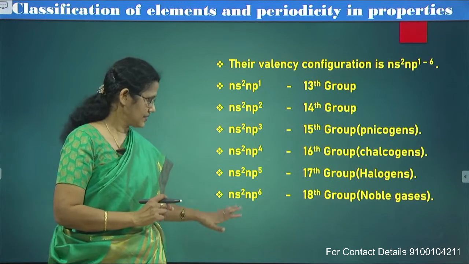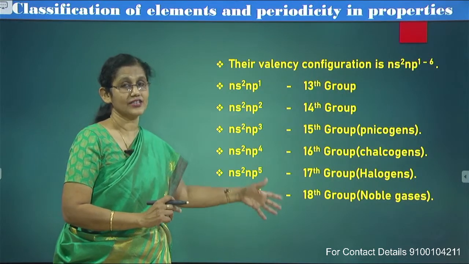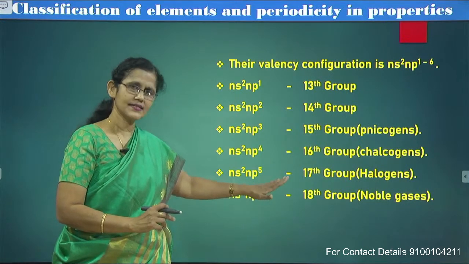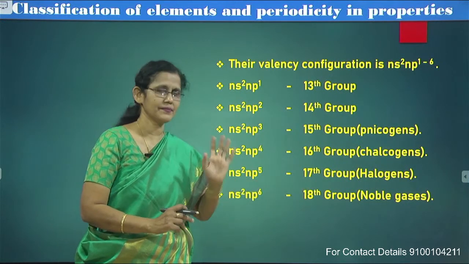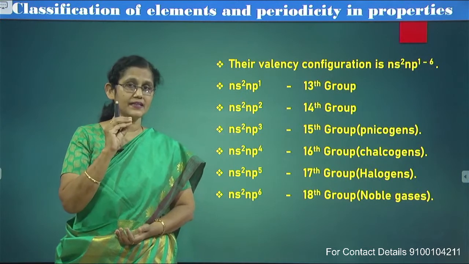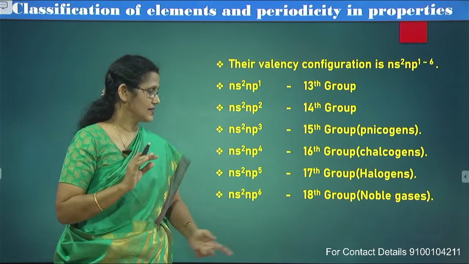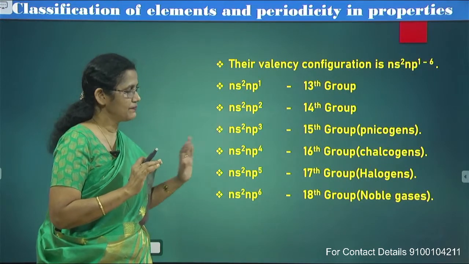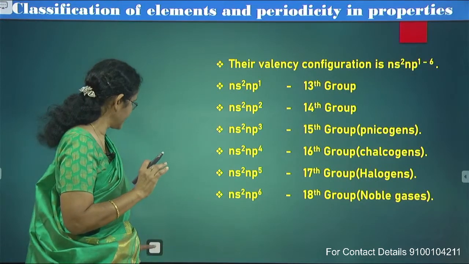So, they are not readily reactive, and hence they are called inert gases. Under certain conditions, at high temperatures, they participate in a few reactions, hence they are called noble gases. So, this is about p block valency shell configuration.